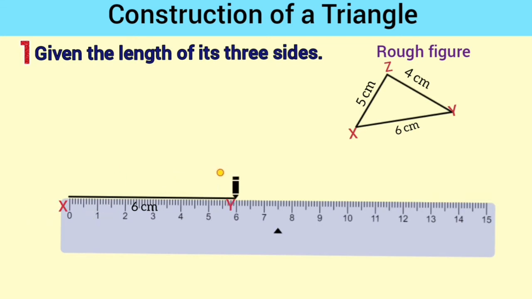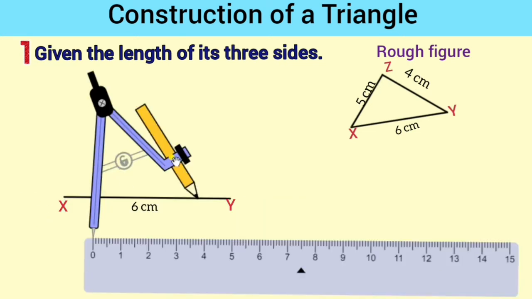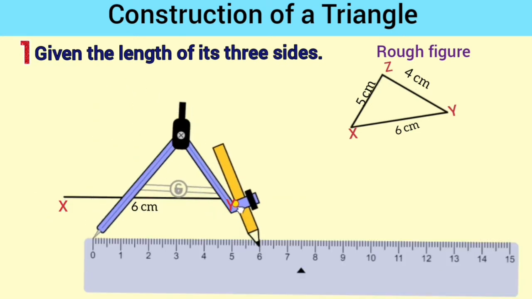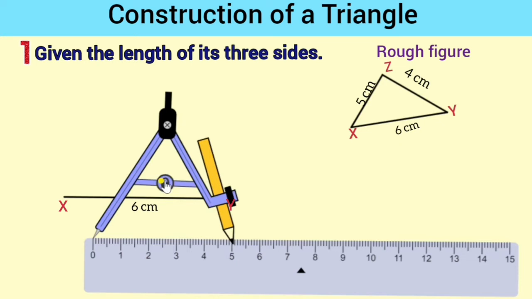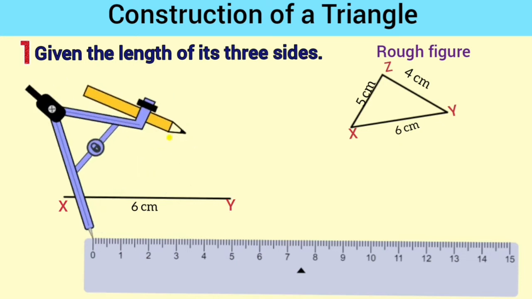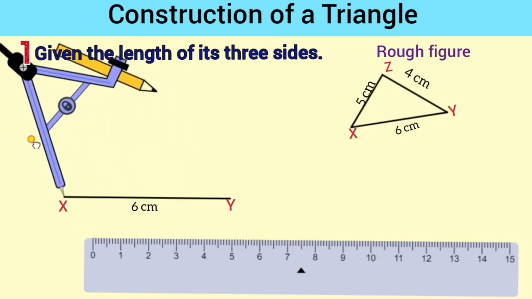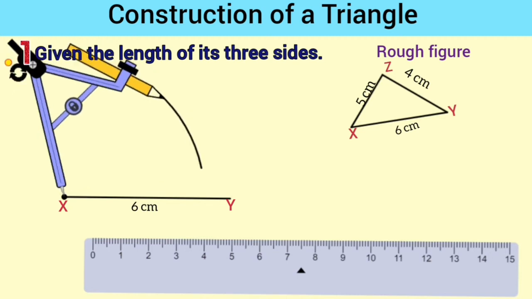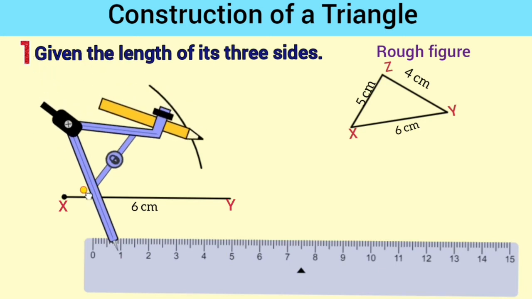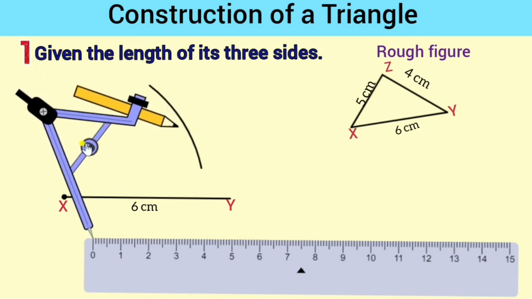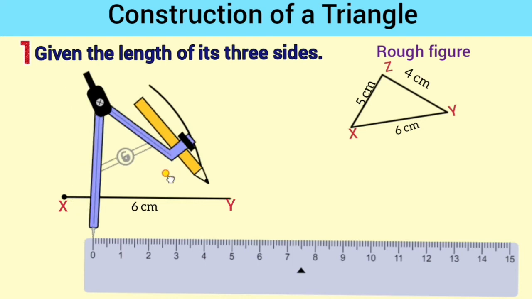Now, we need to get the other two sides as well. Length of XZ is given as 5 cm. That means the point Z is at a distance of 5 cm from X. Place the steel pointer of the compass on the point X and draw an arc on one side of segment XY. Now, the length of the third side YZ is 4 cm.